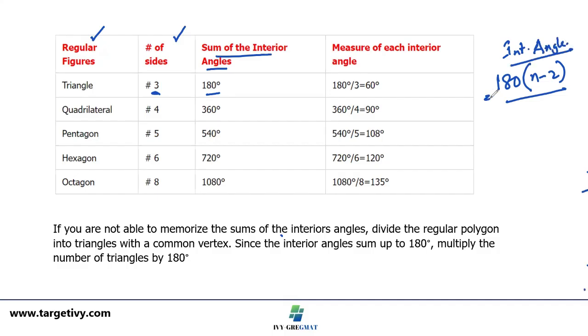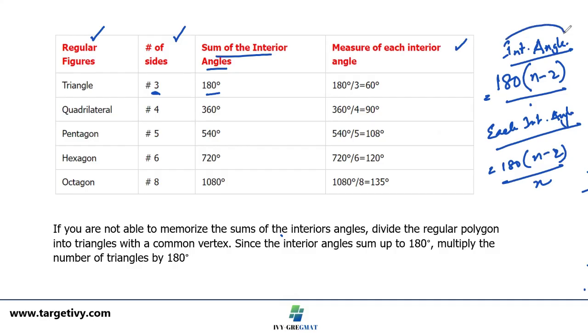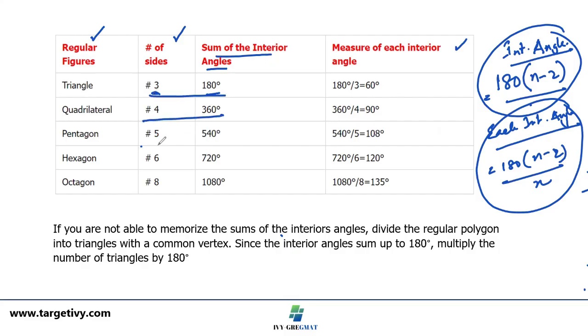This is the formula. Each interior angle is equal to 180(n - 2)/n, where n is the number of sides. The total summation of the interior angles is this. Each one is this. So if I can remember these two formulas, my world will become much easier.